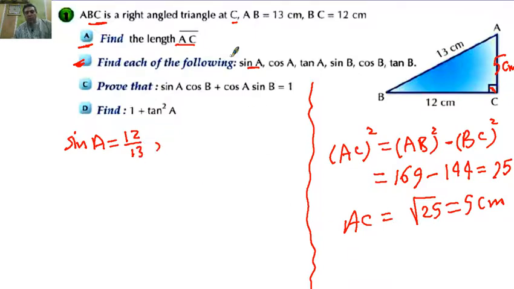Number 2, cosine A, angle A: cosine is adjacent over hypotenuse, adjacent 5, hypotenuse 13. Tan A: opposite over adjacent, opposite 12 over adjacent 5, 12 over 5.